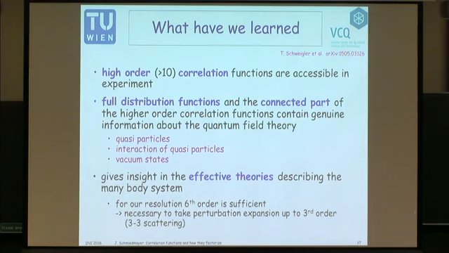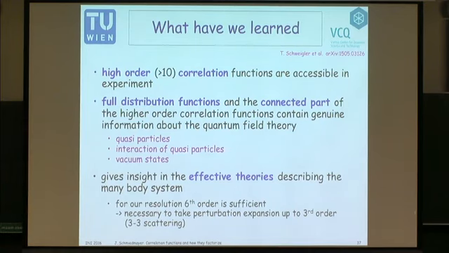Yeah. These full distribution functions and the connected part of the correlation functions have the same information, but some of it is easier to see in the full distribution function. Other parts are easier to see in the connected part. You can tell information about the quasi-particles, interaction of the quasi-particles, and the vacuum states of your system. And I think looking at these higher order correlation functions gives you really insight into the effective theories that describe this many-body system.